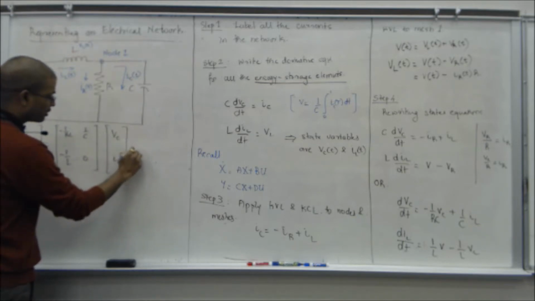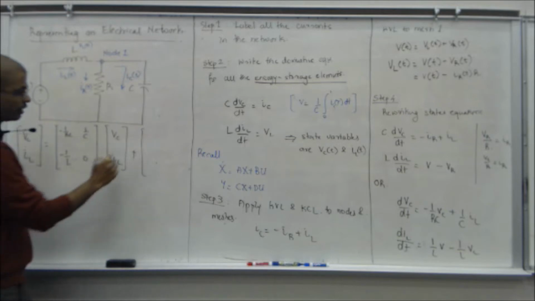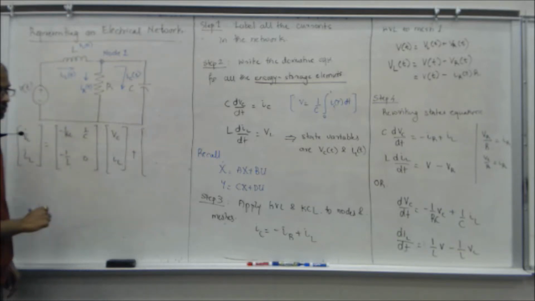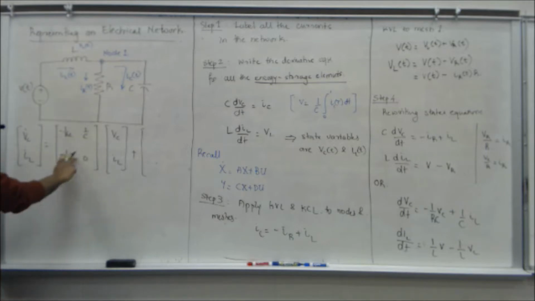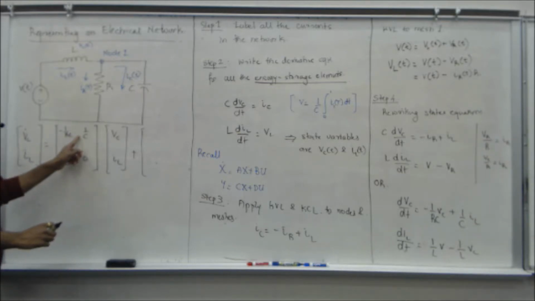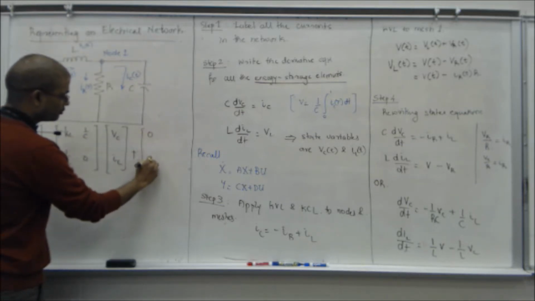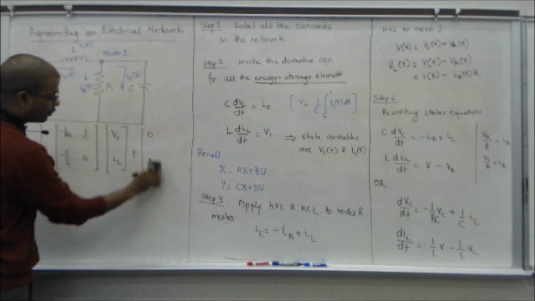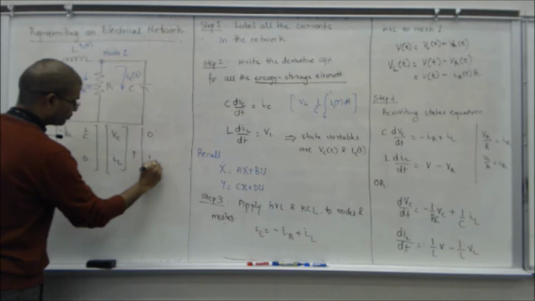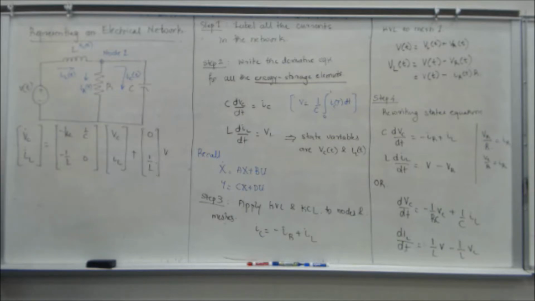And you have plus, so you have, it's here. And then you have 0, 1, sorry, 0, 1 over L, and V. Okay, so you can do this.